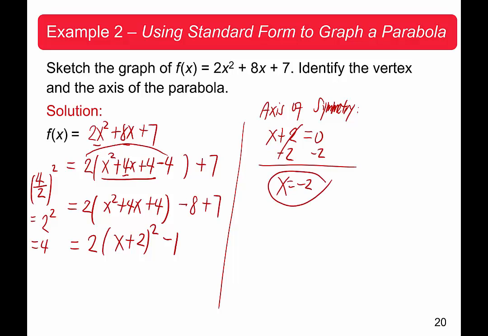That's what we call the axis of symmetry. And once we find the x coordinate of the axis of symmetry, actually we also find part of the vertex. So the vertex here, x coordinate must be -2, y coordinate is -1. And again, those 2 are the most important elements in a parabola.